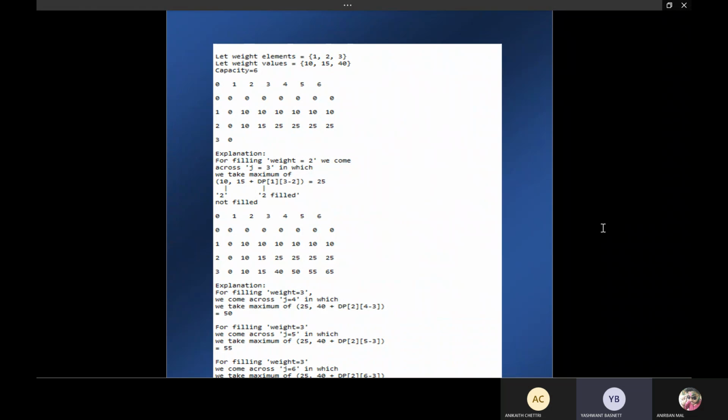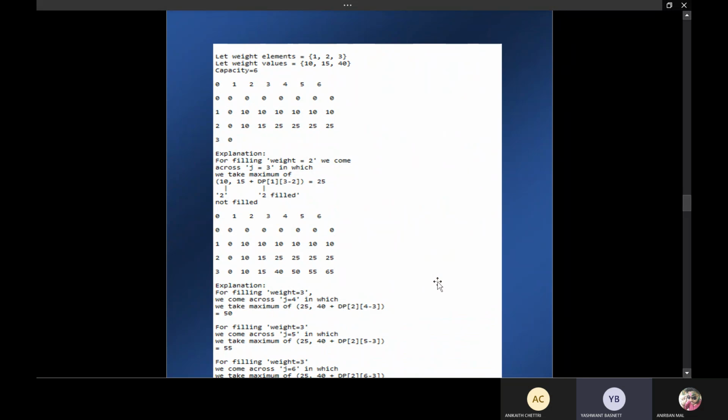For filling weight equal to 2, we come across j equals 3, in which we take the maximum of 10 or 15 plus dp of the 1st row and, for the column, 3 minus 2, which is 25.